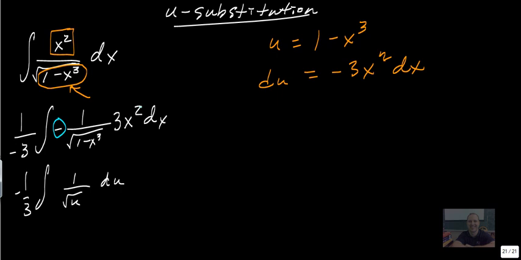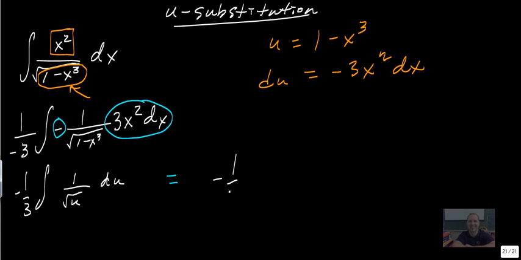Notice that du is there. 1 over root u. You okay with that? Again, that's 85, 90% of the whole thing, getting that right. Now, do we have an antiderivative for 1 over root u? Or shall we change how it looks somehow?